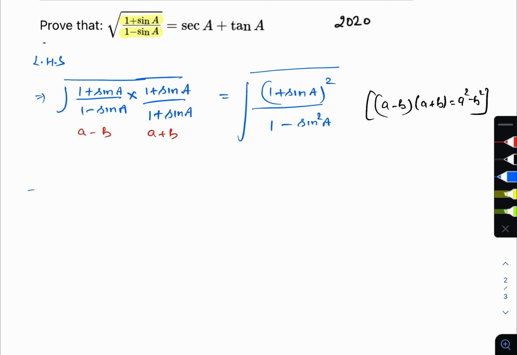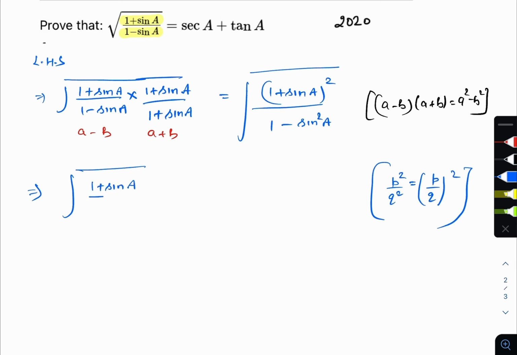Now in the next step we will use the same thing, p square upon q square can be written as p by q whole square. So we can write this as 1 plus sin A upon, we have skipped one thing, 1 minus sin square A can be written as cos square A. So this will be cos A whole square.